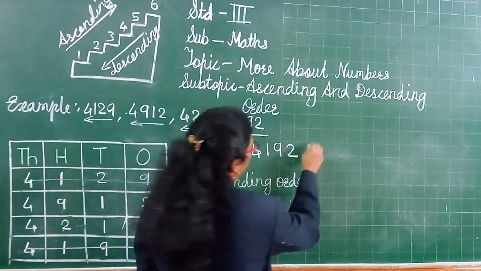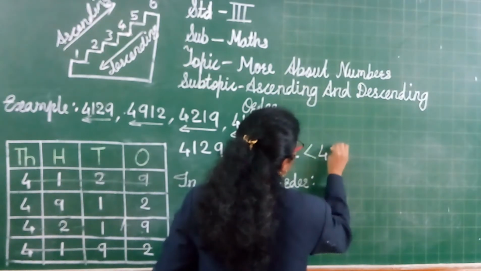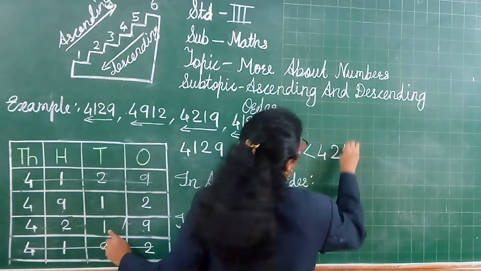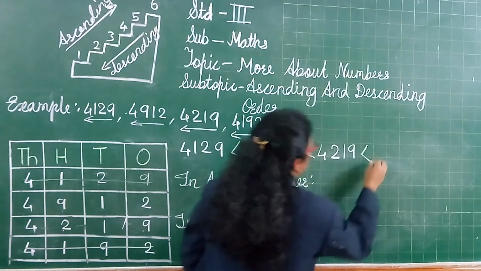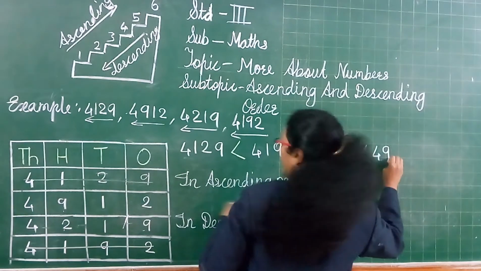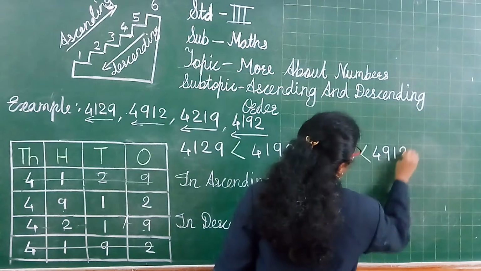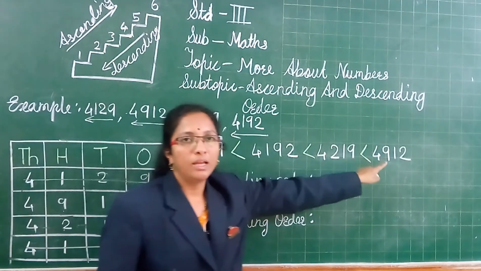We write here 4,219 is smaller than 4,912. See here, I arranged all these numbers from smallest to the biggest.